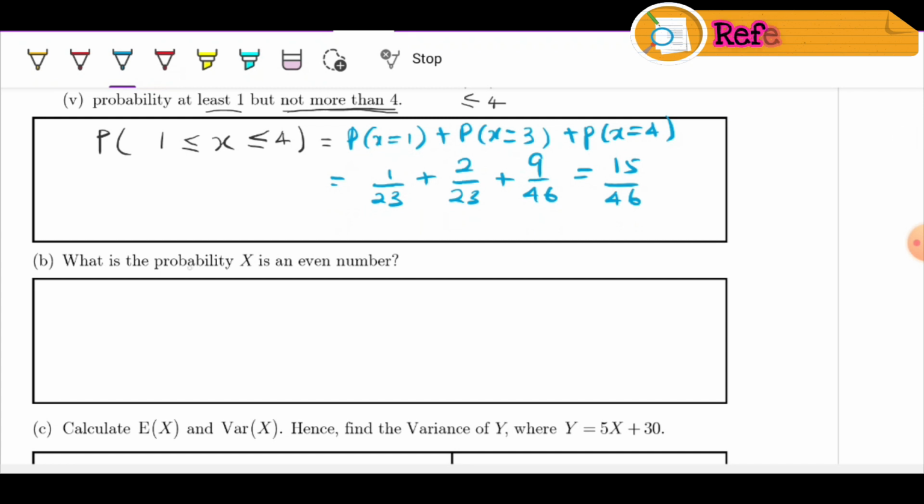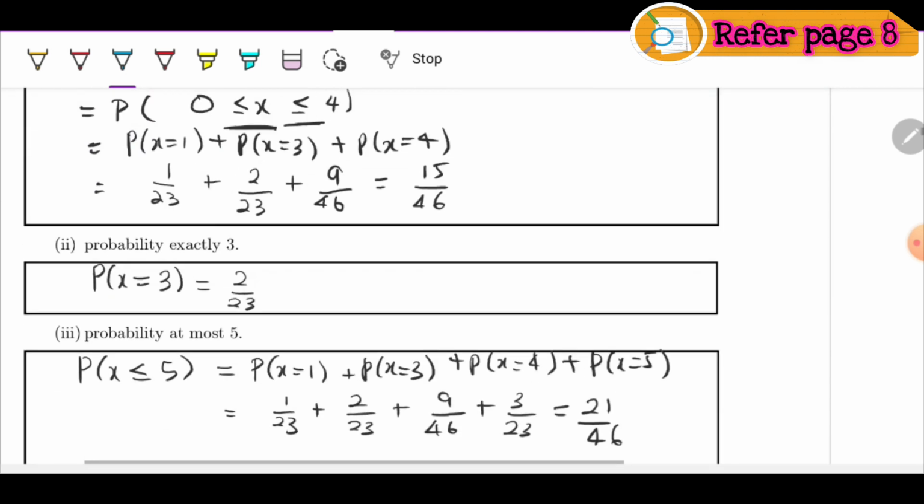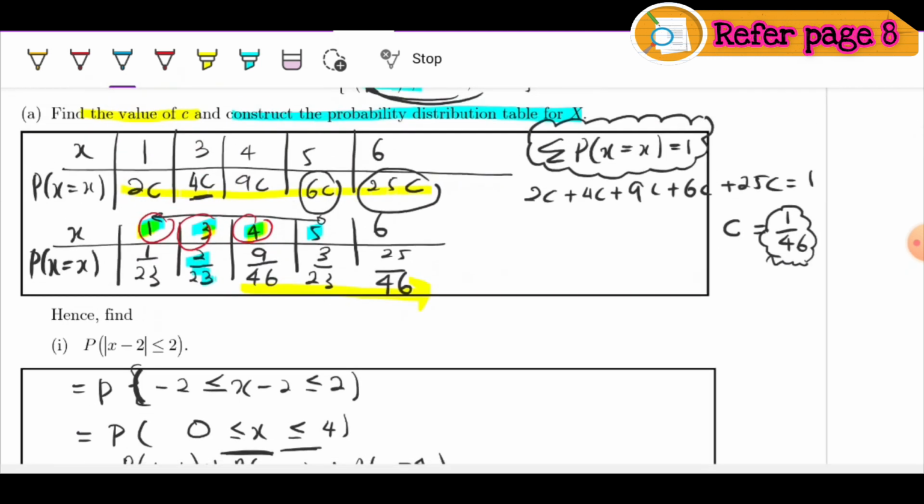Okay, B. What is the probability when x is an even number? So from the PDF table, the even numbers, as we can see here, are 4 and 6 only.